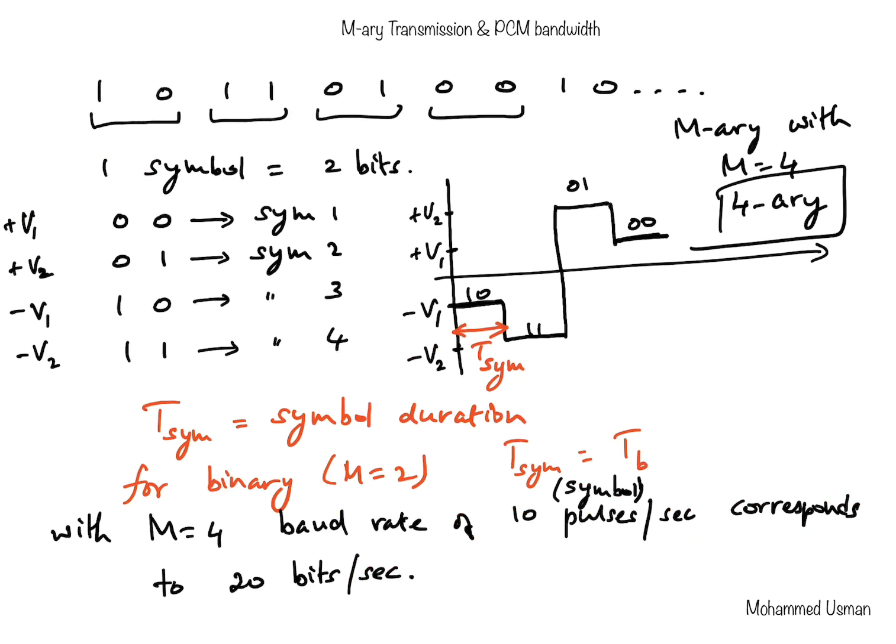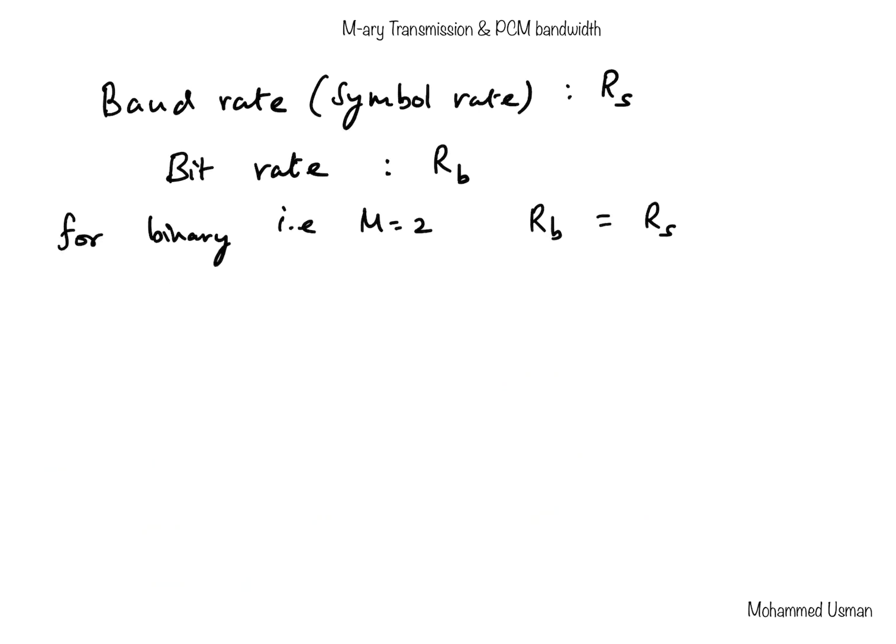In the case of 4-ary, RB is 20, so that's our RB, and the RS is 10, right? So RB is 2 times RS when M is equal to 4. So for M equal to 4, that's 4-ary transmission, we see that RB is equal to 2 times RS.